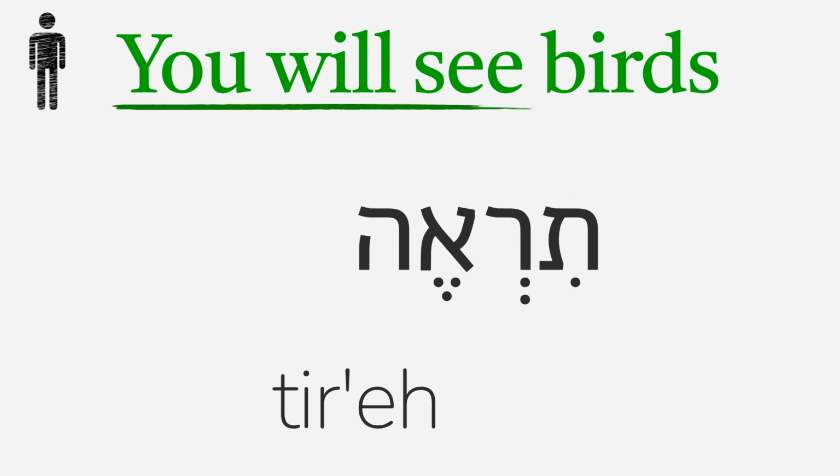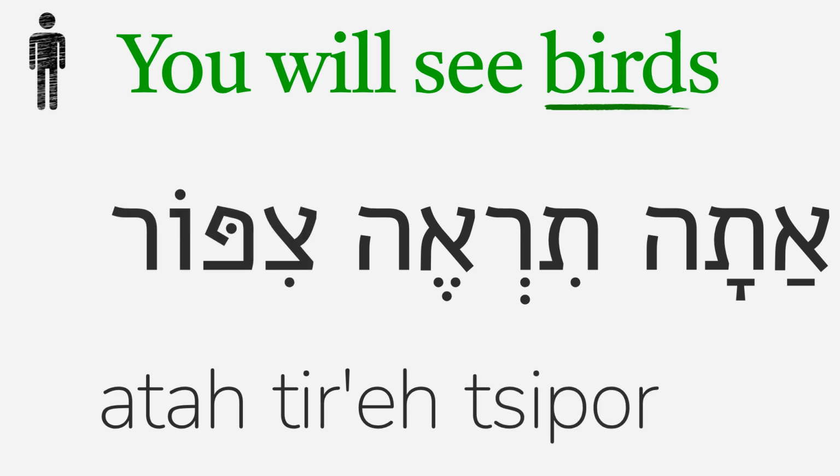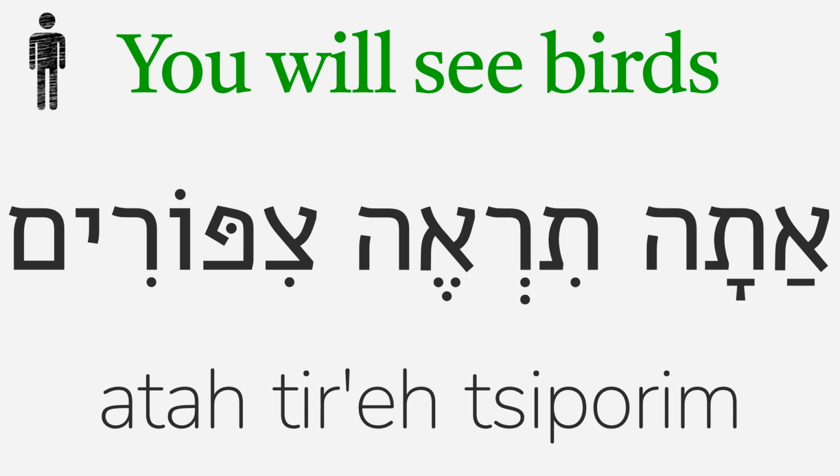Since tir-e could also mean she will see, if we don't have much context, we may prefer to say ata tir-e, using the pronoun ata to clarify that the subject is you and not she. Bird in Hebrew is tzipor, and we can add im to make the plural tziporim, birds. Ata tir-e tziporim. You will see birds.